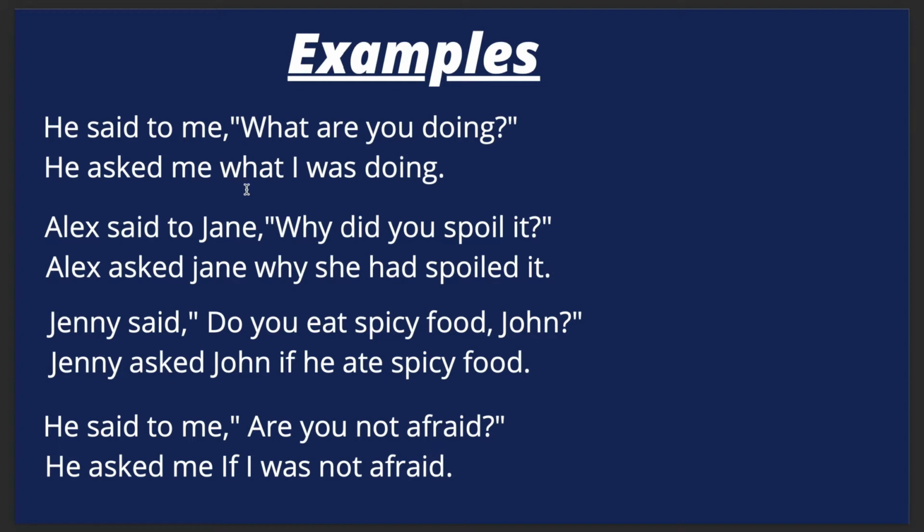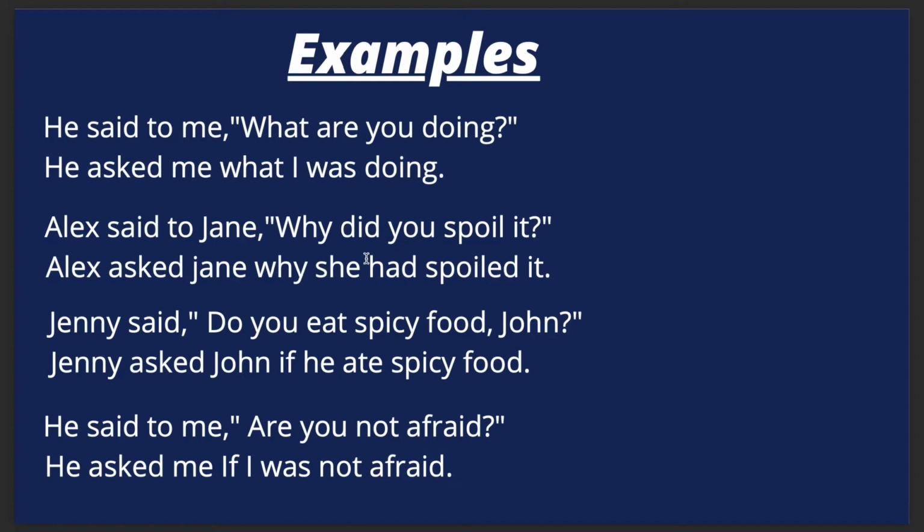Moving on to the next example, Alex said to Jane, why did you spoil it? Now again it is a WH type question. So Alex said to Jane, said to his reporting verb is changed to asked. Alex asked Jane. Commas are replaced by the same question word. Why? She had spoiled it.